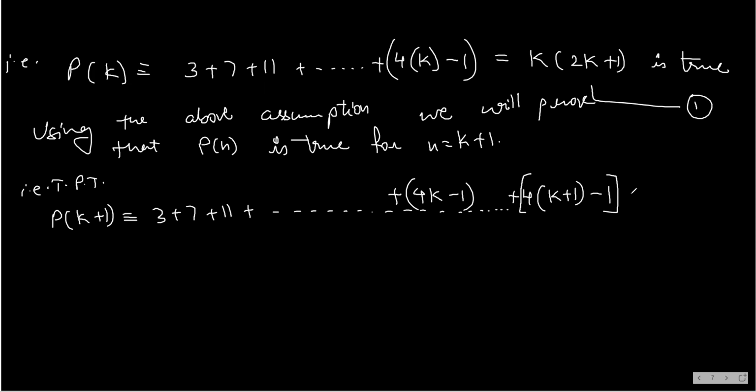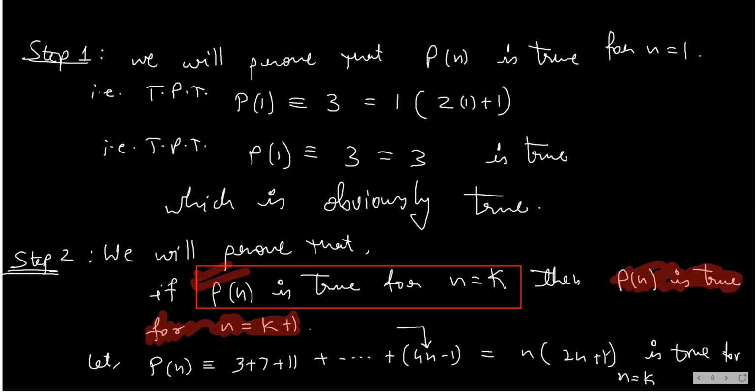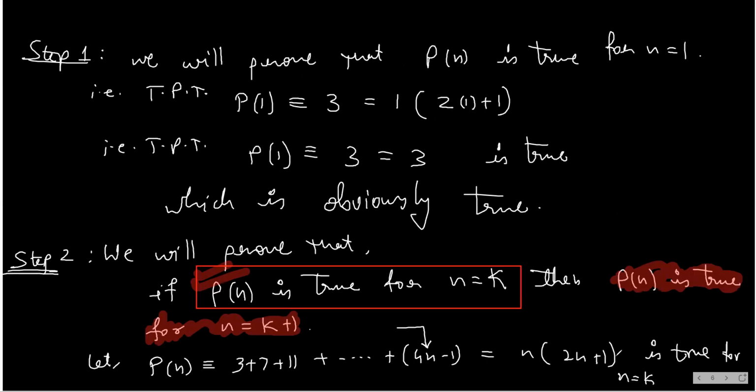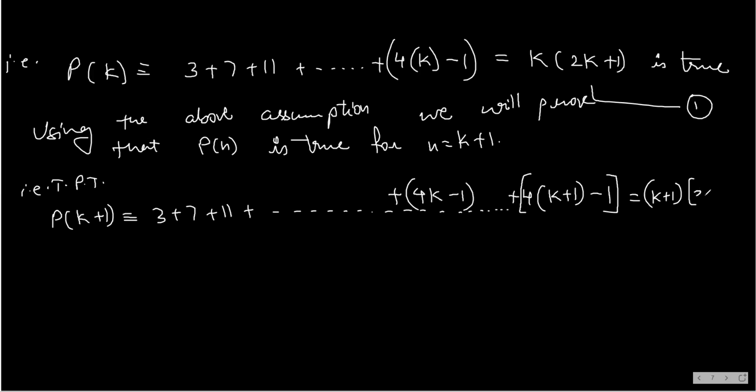Equals, you have to write n as k plus 1: k plus 1 inside the bracket, 2 times k plus 1 plus 1, is true. We have to prove this.